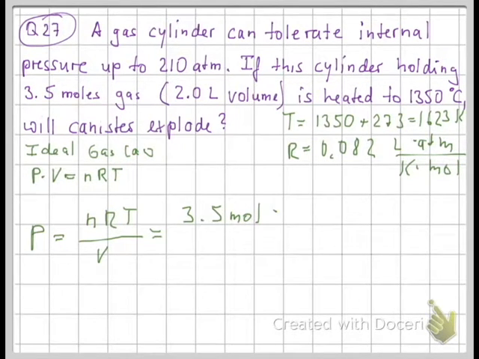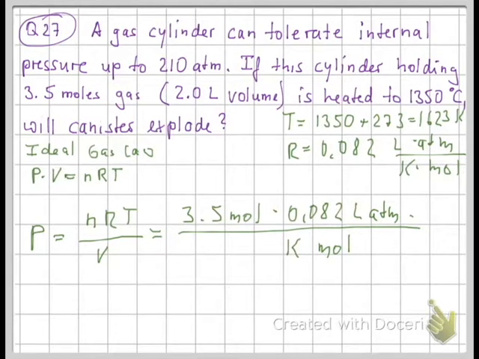Alright, so we have number of moles, 3.5. R is 0.082 liters, atmospheres, kelvins, moles, and we have 1623 kelvins.